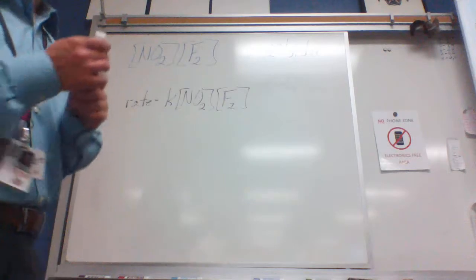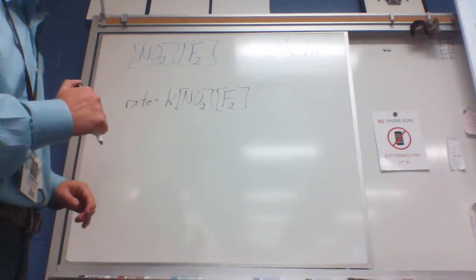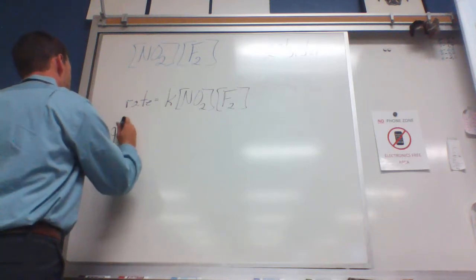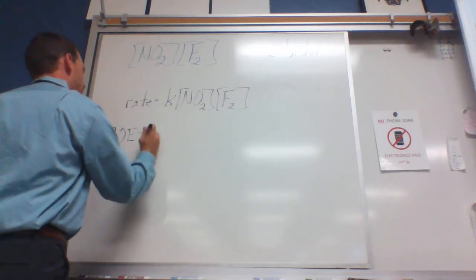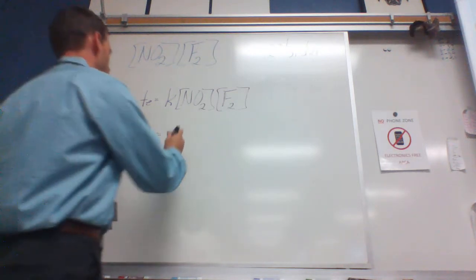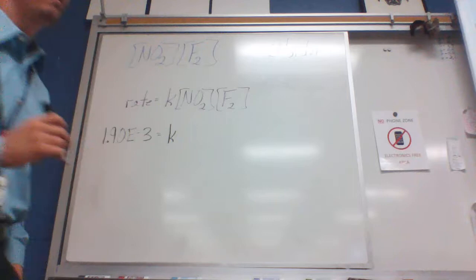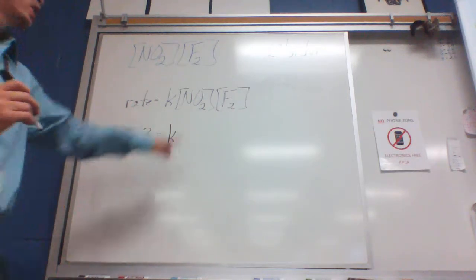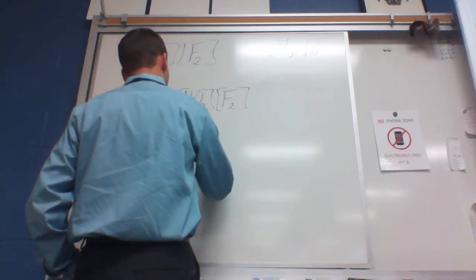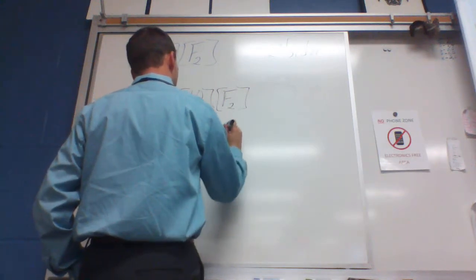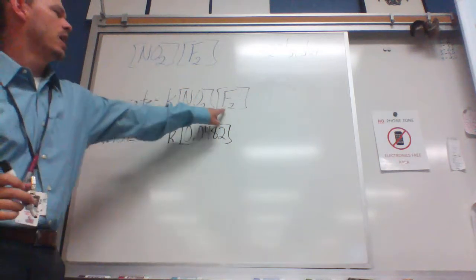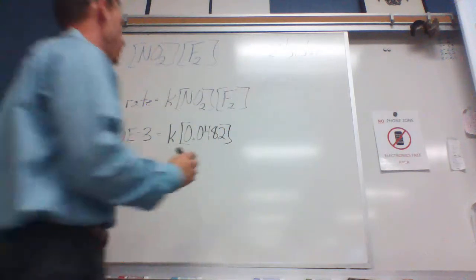So using experiment 1, here we go. I do have a rate of 1.90 e negative 3. I'm going to set that equal to the variable that I'm solving for. The concentration of NO2 was 0.0482, times the concentration of F2 was 0.0318.